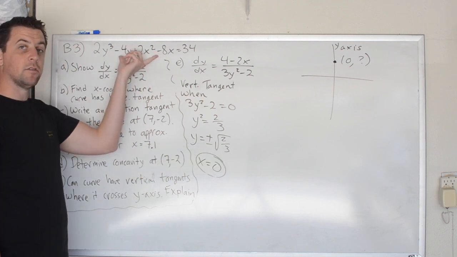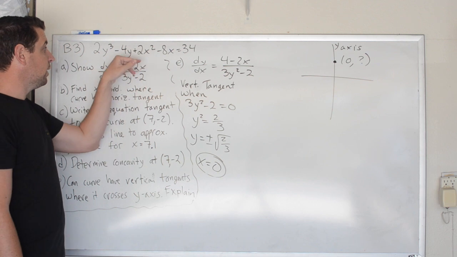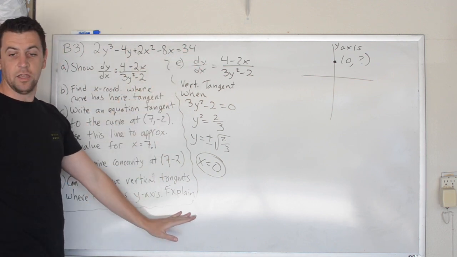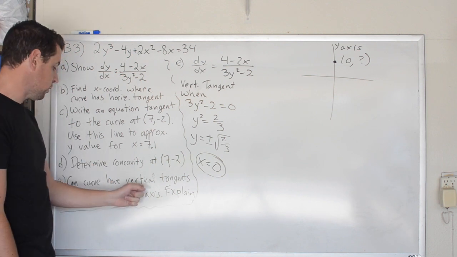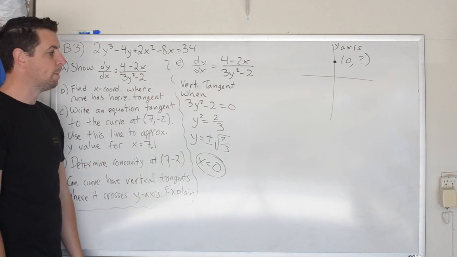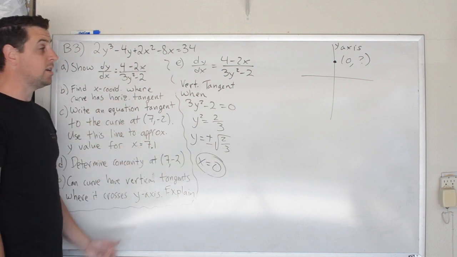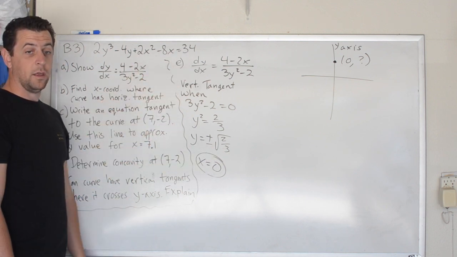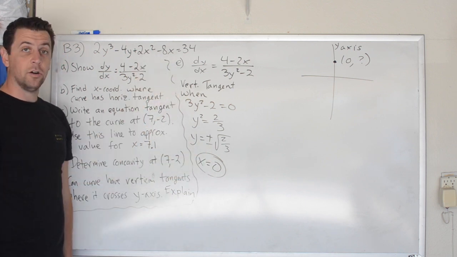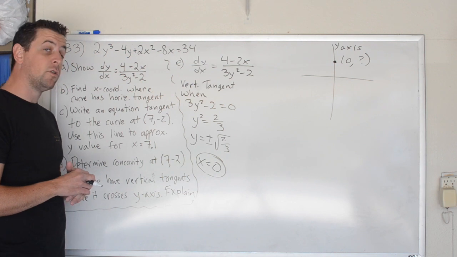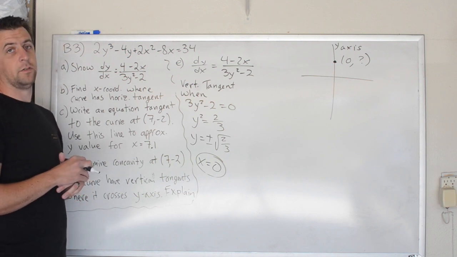If, when we multiply this all out, it equals 34, then our answer is yes, it is possible for our graph to have vertical tangents when it crosses the y-axis. If, when I put in 0 and radical 2/3, it doesn't equal 34, then this point is not a point on our curve, and so our answer is no, it's not possible for our graph to have a vertical tangent when we cross the y-axis.